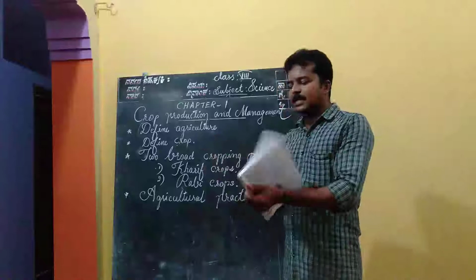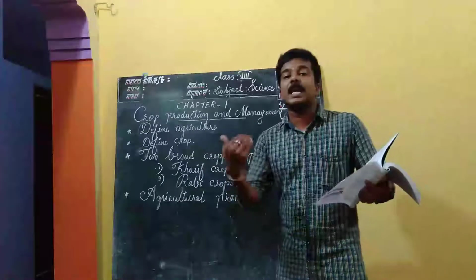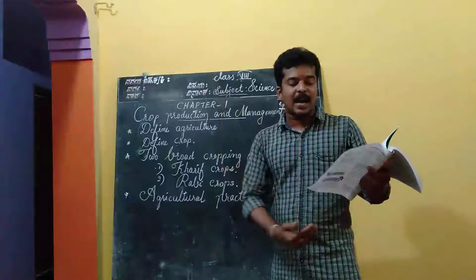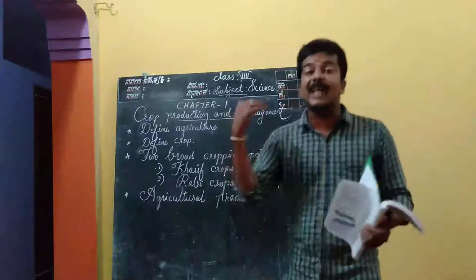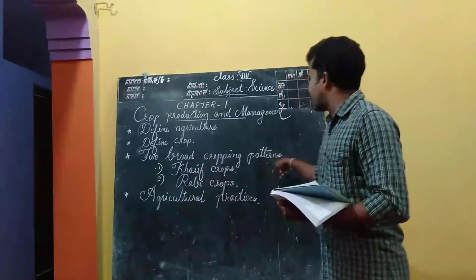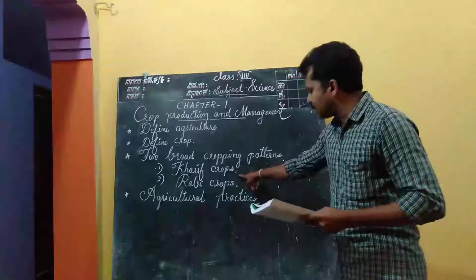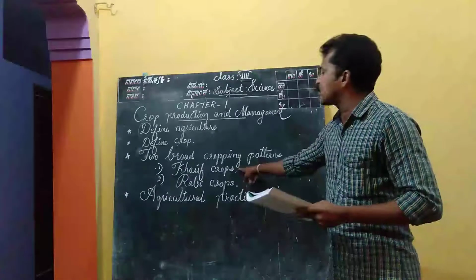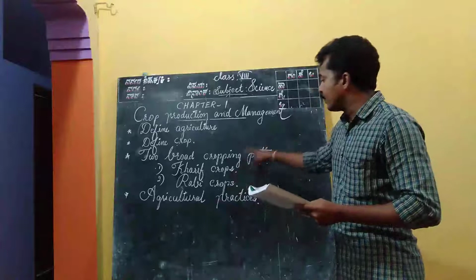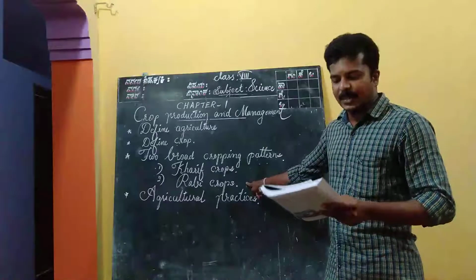And crops, as already given in the textbook: when plants of the same kind are cultivated at one place on a large scale, it is called a crop. And there are two broad cropping patterns, kharif crops and rabi crops. Kharif crops we cultivate during the rainy season, whereas rabi crops we cultivate in the winter season. Hope you understand.